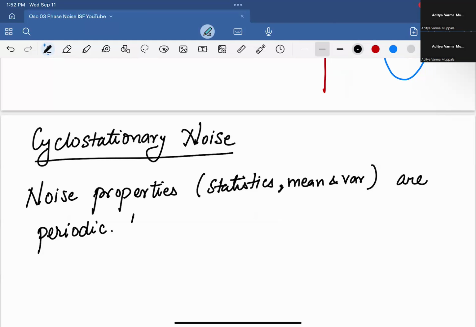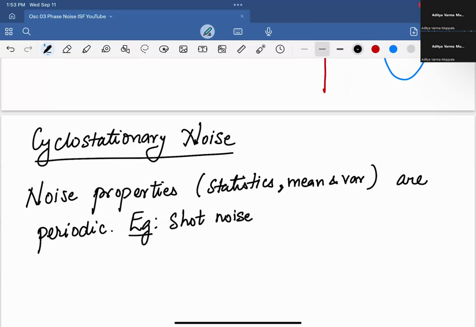As an example, you can look at the shot noise inside a transistor. When current flows, you have a lot of shot noise, and when current doesn't flow, you don't have much of it. So current is not constant over a single period, and that's why noise produced inside the transistor is not constant.